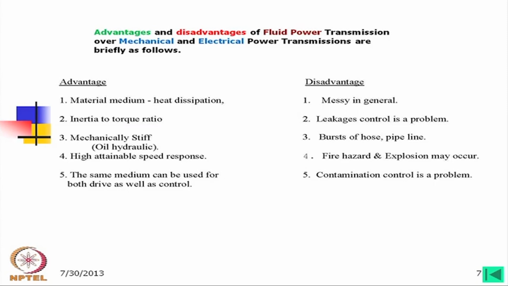Therefore, inertia to torque ratio is very low in this case of fluid power. That means, very high torque can be transmitted at a low inertial force in comparison to electrical and mechanical devices. We shall discuss more later.